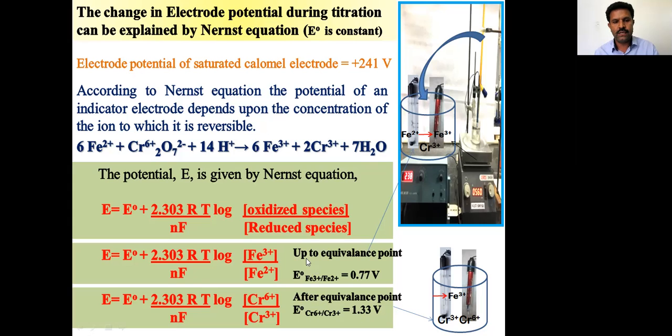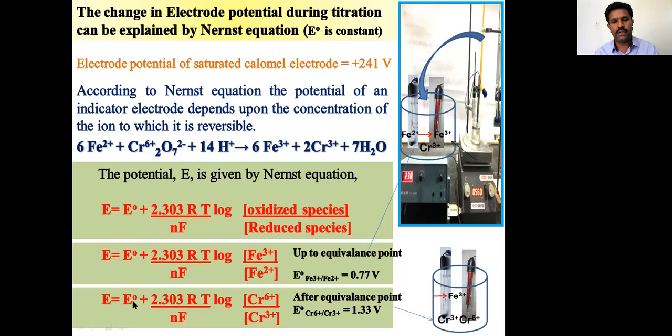Once the system changes from ferrous/ferric to chromium 6+/chromium 3+, the E0 value will almost double. Hence the EMF value suddenly increases. That is the reason why the sudden increase occurs at that stage, because the system is changing from ferrous/ferric to chromium 6+/chromium 3+.